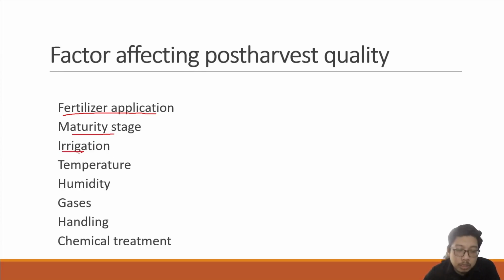Irrigation during the growing phase is also important, because water content in the produce is crucial. It determines its appearance.